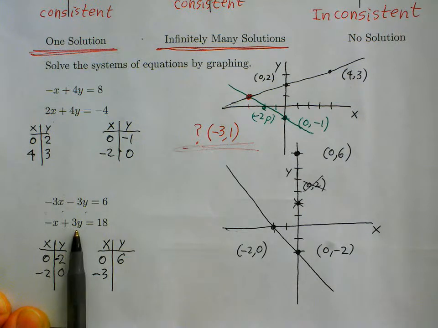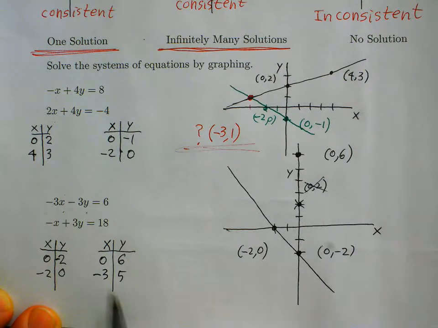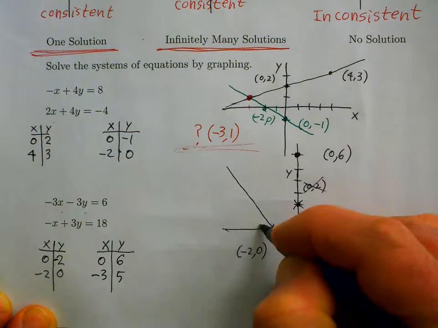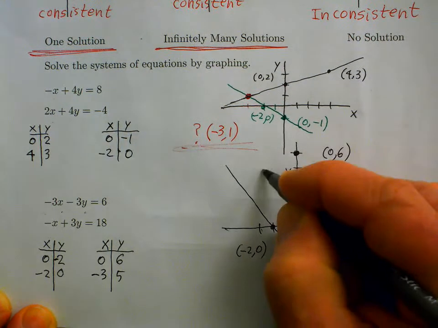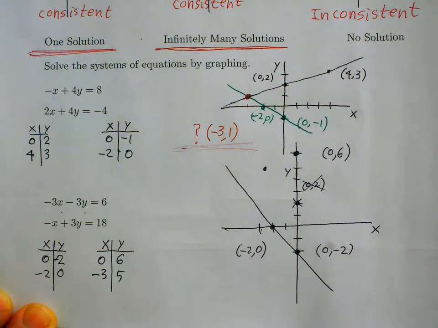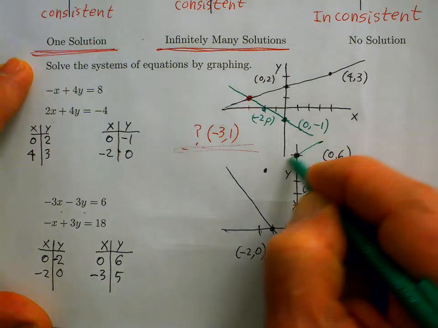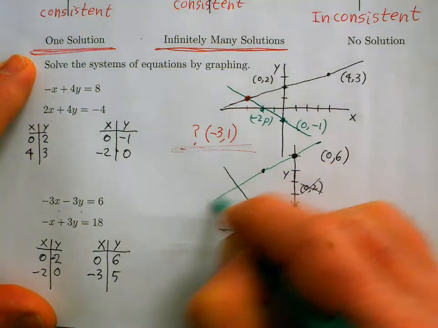Then divide both sides by 3, I get y equals 5. That's a little better. So the ordered pair -3, 5 is about right there. Okay, so we draw a line through those 2 points. We see that there's one solution.